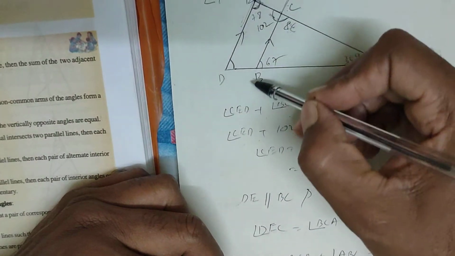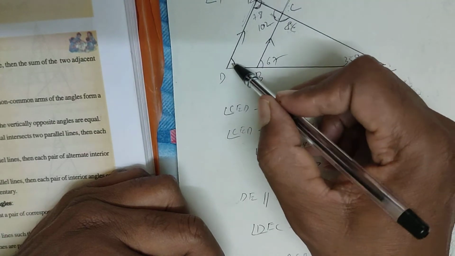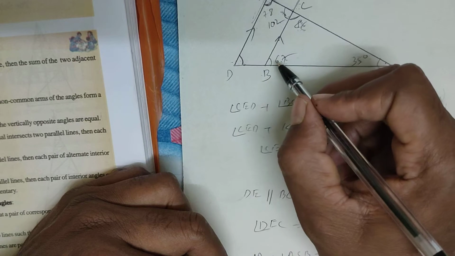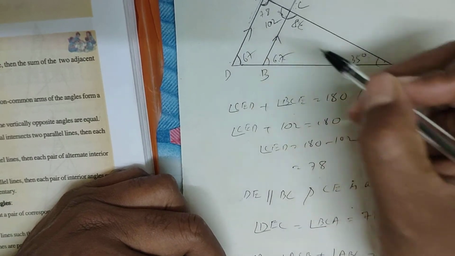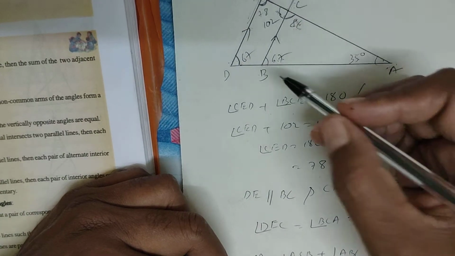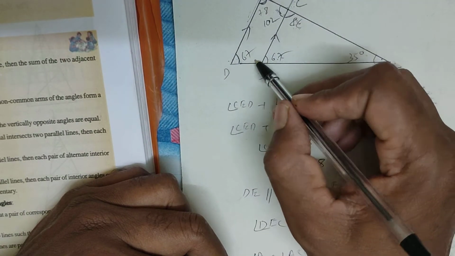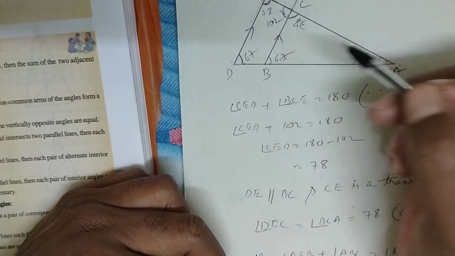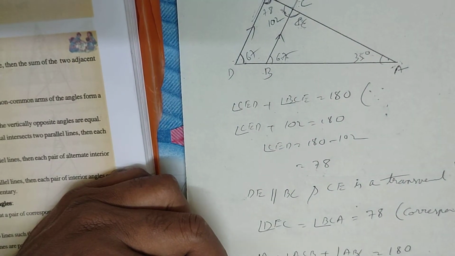So these two lines are parallel, and what are these two angles? Very good, corresponding angles. If it is 67, this also becomes 67. He asked this angle only. This angle also you can find, because these two are a linear pair. So if it is 67, this becomes 113.